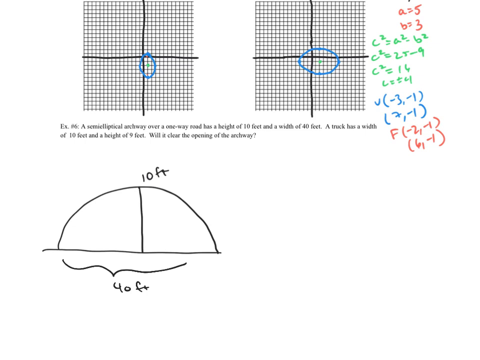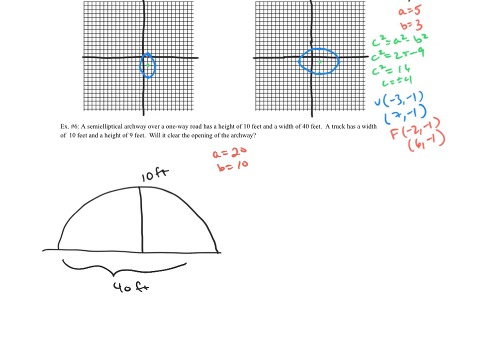So right away we know that our a value is equal to 20 and our b value is equal to 10 because we're centered along what would be the x-axis, and the whole distance from one side of the ellipse to the other is 40, so half of that is 20, and then halfway up, the distance along your minor axis, is 10.